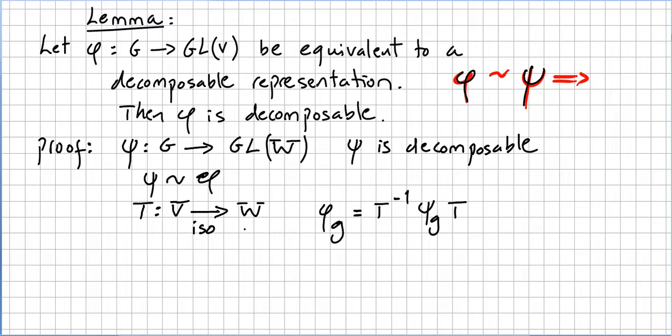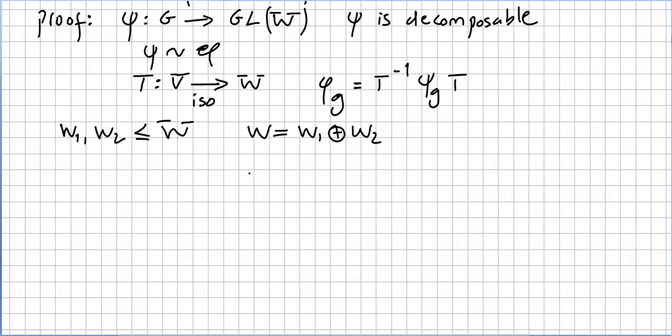So we have W here. Let us pick W1 and W2, subspaces of this vector space. Let us say these two are non-zero invariant subspaces of W, and W is the direct sum of those two. You probably remember that we saw this in previous videos.